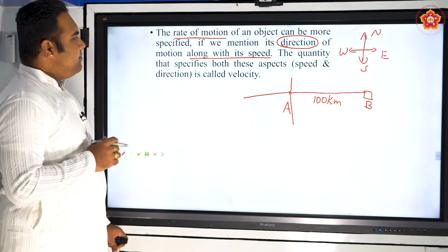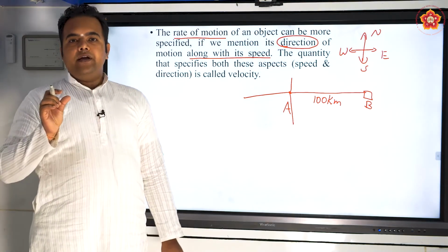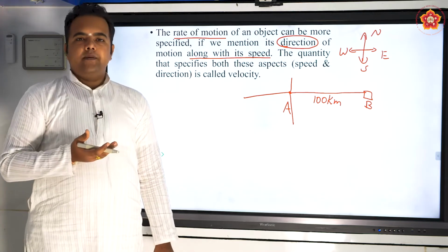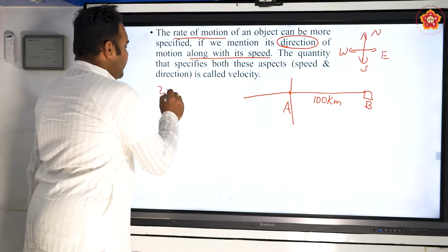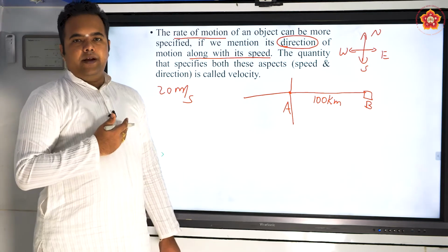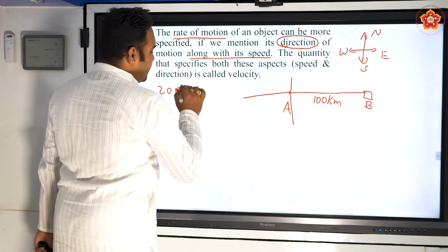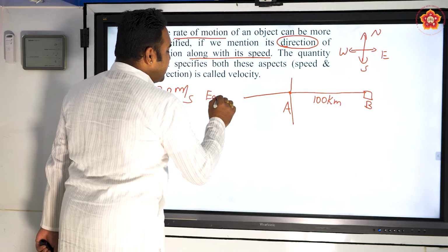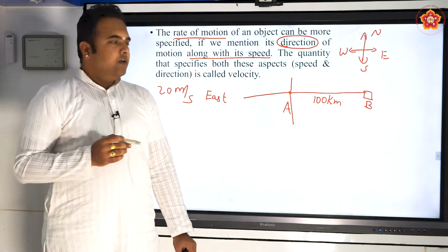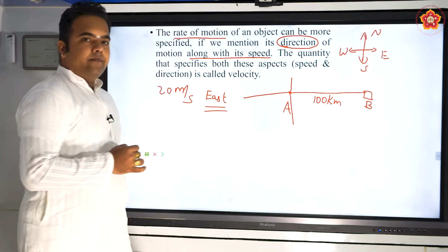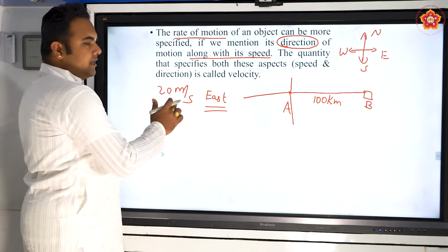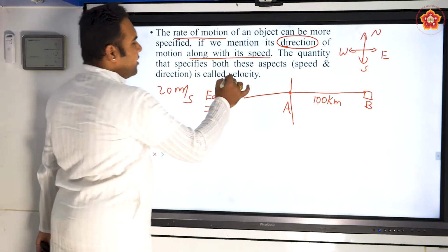So direction plays an important role, and now suppose we are telling a particular speed of an object. For example, an object is moving with 20 meters per second. So this only talks of the speed. 20 meters per second is just the speed. Now, if the speed is specified in the eastern direction, an object moves 20 meters per second towards east, so it is a particular extra detail that we are providing. Now it's more complete. So this particular way of defining, we call it velocity.